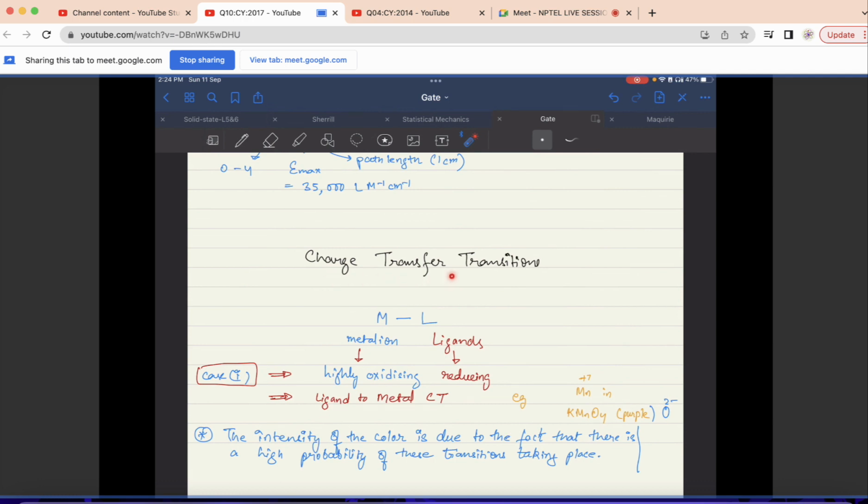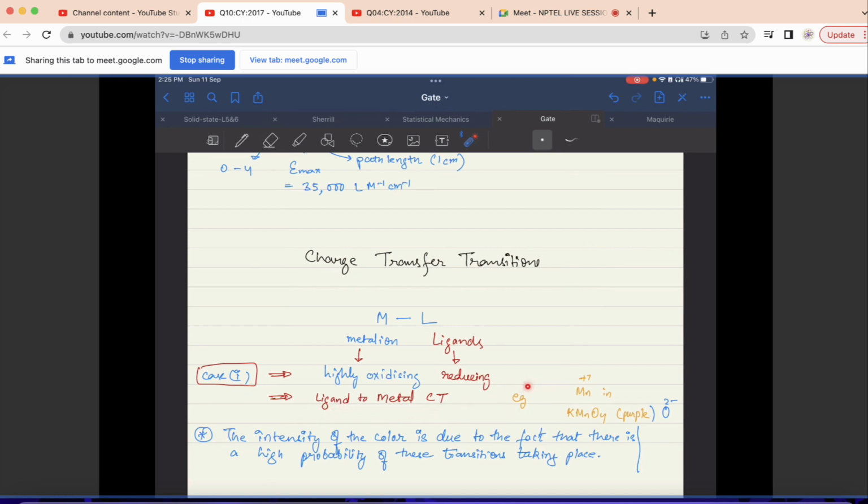So the charge transfer transition, particularly for the LMCT, if we talk about, is between the metal orbitals and the ligand orbitals. So when the metal ion is in a highly oxidizing state and my ligand is in a reducing state, this case will be referred to as ligand to metal charge transfer.